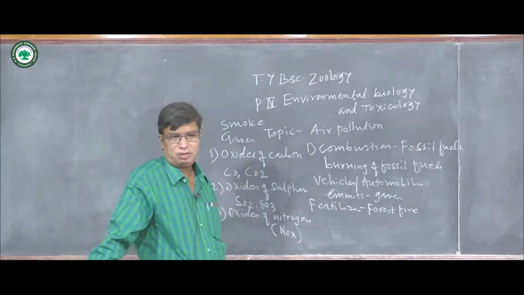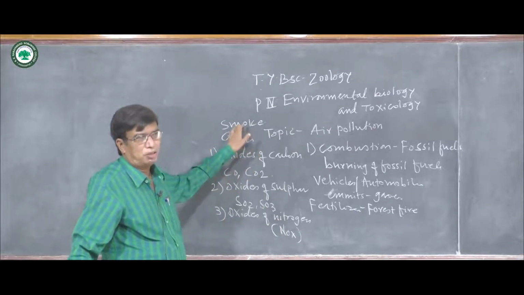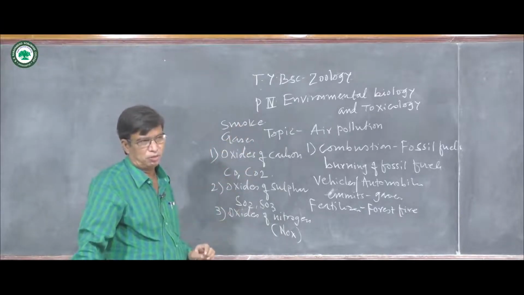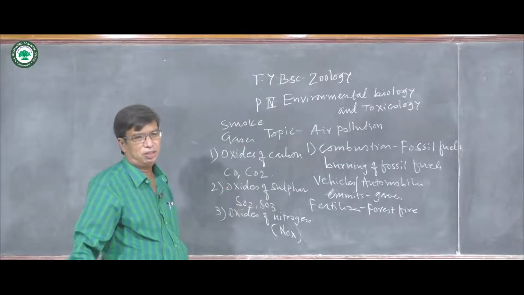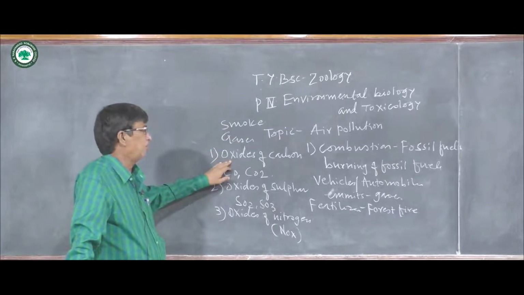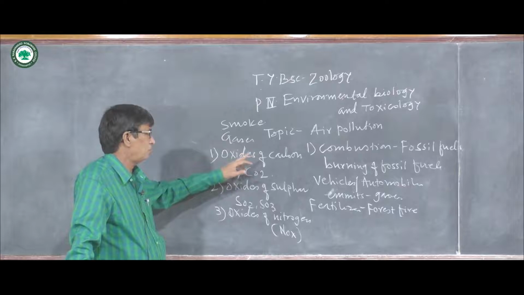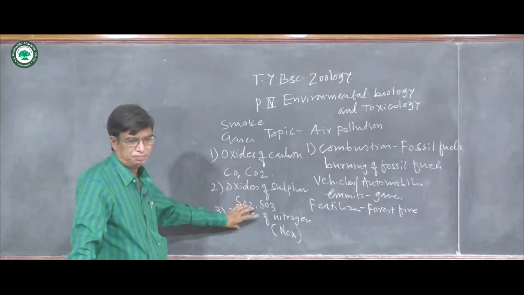And smoke is also produced in large amount by various industries, that mainly contains different gases: oxides of carbon, oxides of sulfur, oxides of nitrogen.